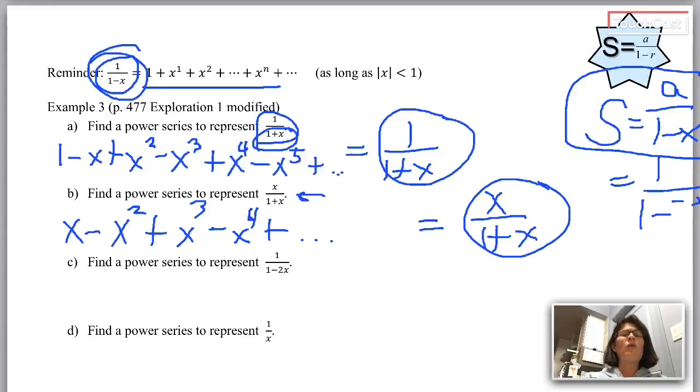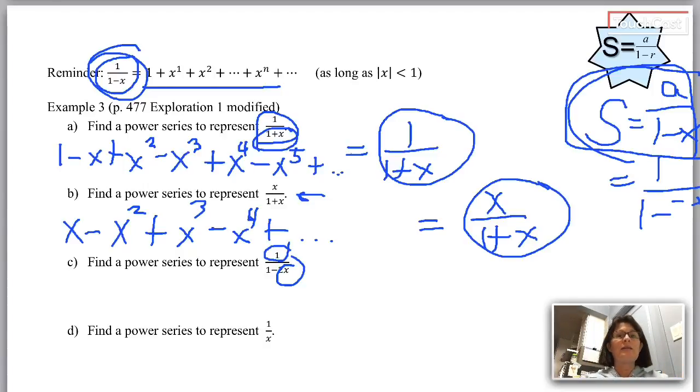Okay, so what if I need a power series to represent 1 over 1 minus 2x? So go back to this guy. Oops, I was trying to circle that. What should I replace that x with? It looks like I need to replace it with 2x. I have a first term of 1 and a common ratio of 2x.